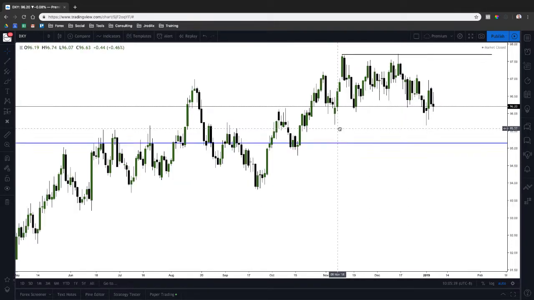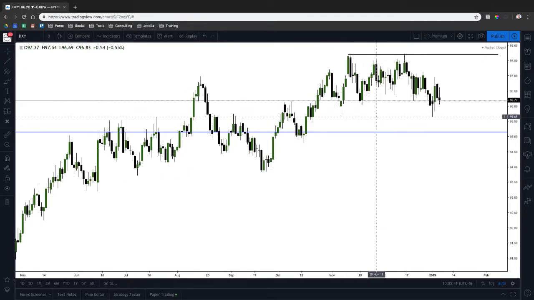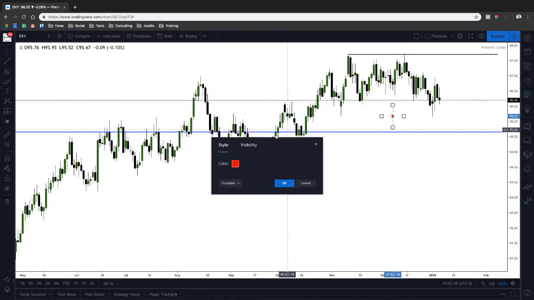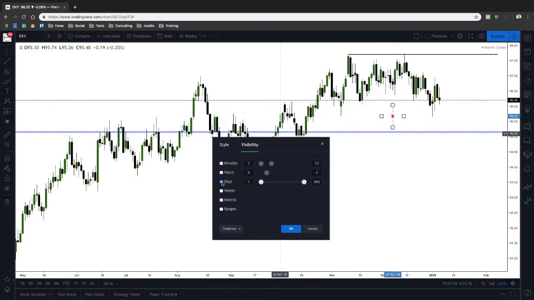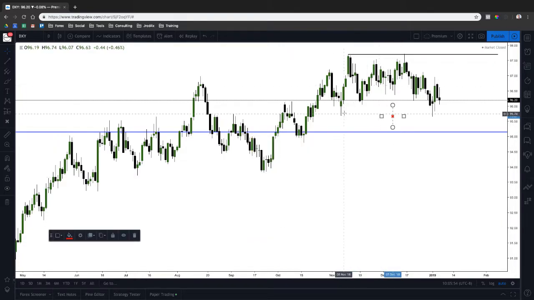Alright, so we've also got relative equal lows down here as well at this 95.60 level. I'm not actually going to draw a line on that. I'll just kind of put an X, and I'll keep this visible only on the daily. I guess I will make a line. It'll make it look cleaner.